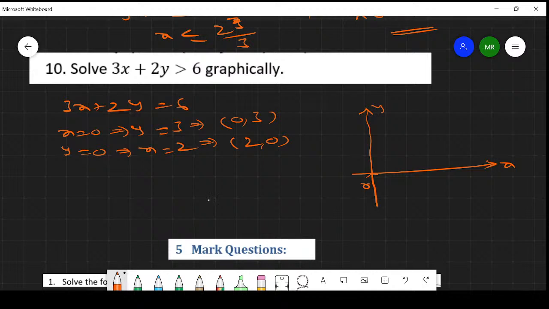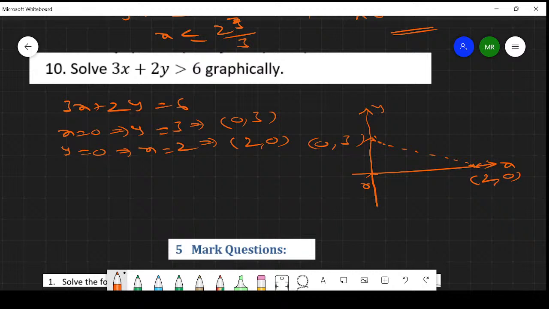Since the given equality is not there, you should draw the dotted line. I keep the points 0, 3 and 2, 0 here and draw the dotted line. This point is 0, 3. This point is 2, 0. This is a rough diagram I have drawn, but you should draw it perfectly on the graph.